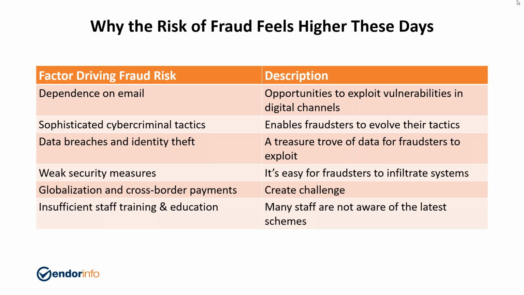And while many organizations have spent a lot of time fortifying the firewalls that reside around their organization, in many cases, there's a soft underbelly. Our systems internally make it hard to detect that we've been hacked. And in many cases, fraudsters can use new technologies to infiltrate even the hardest of firewalls. Globalization and cross-border payments create additional challenges for securing our information.